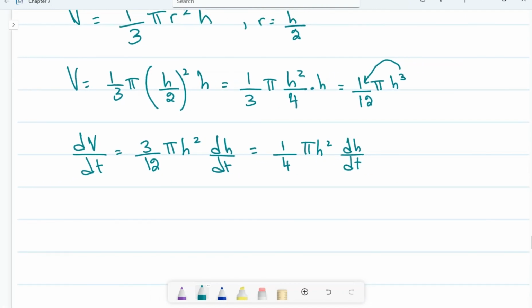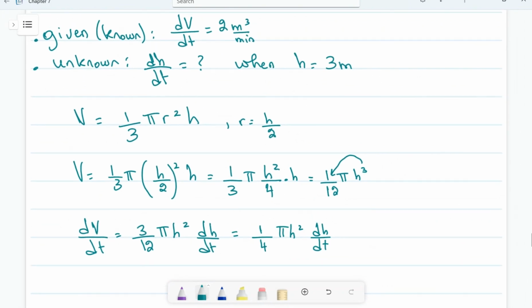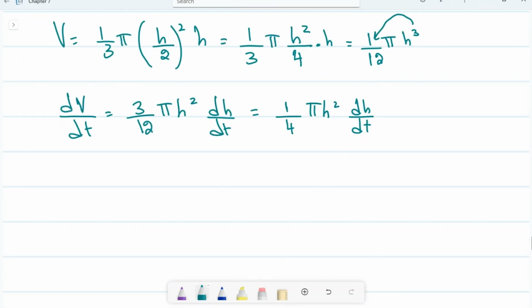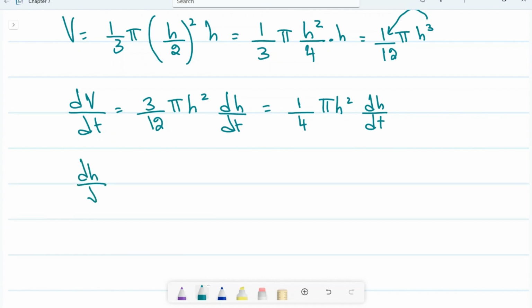Now, what is our known? What is our unknown? Our unknown is dh/dt. This means we would like to solve for dh/dt. So this goes to the other side. So this becomes 4 over pi h squared dV/dt.